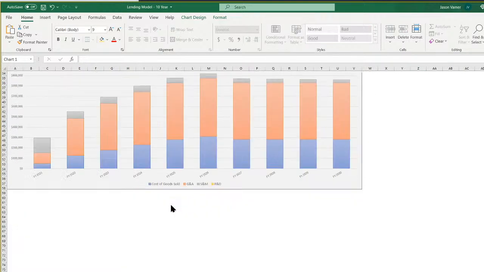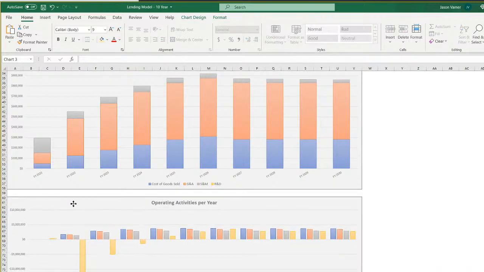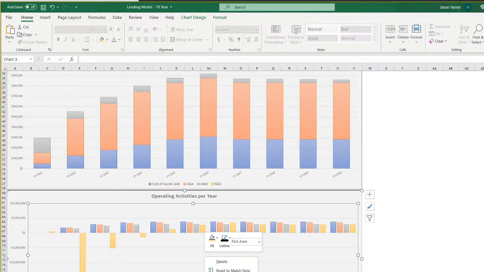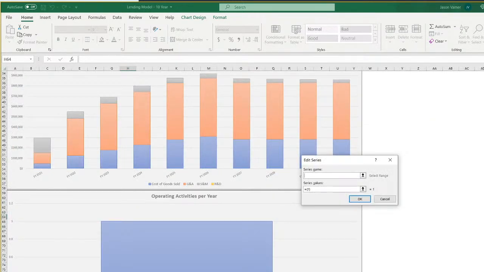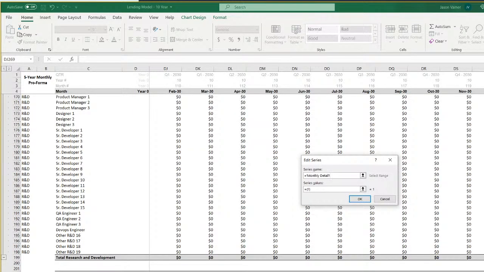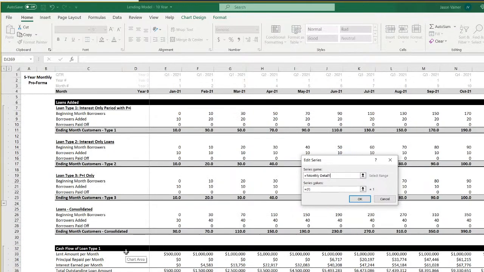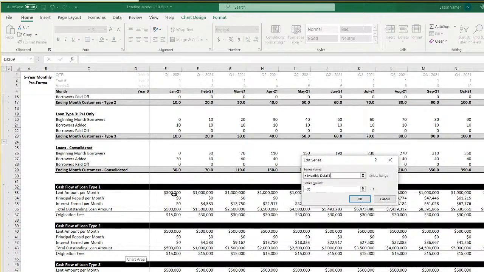Now we get into more fun things. Let's see the next thing we've got that could be fun. Let's do a monthly detail on, we could do borrower. Hmm. We could do lent amount versus principal repaid.